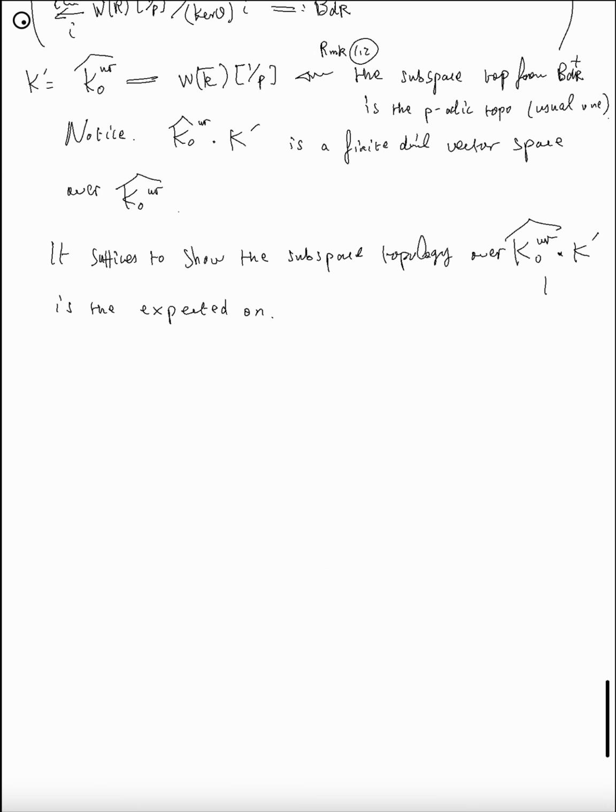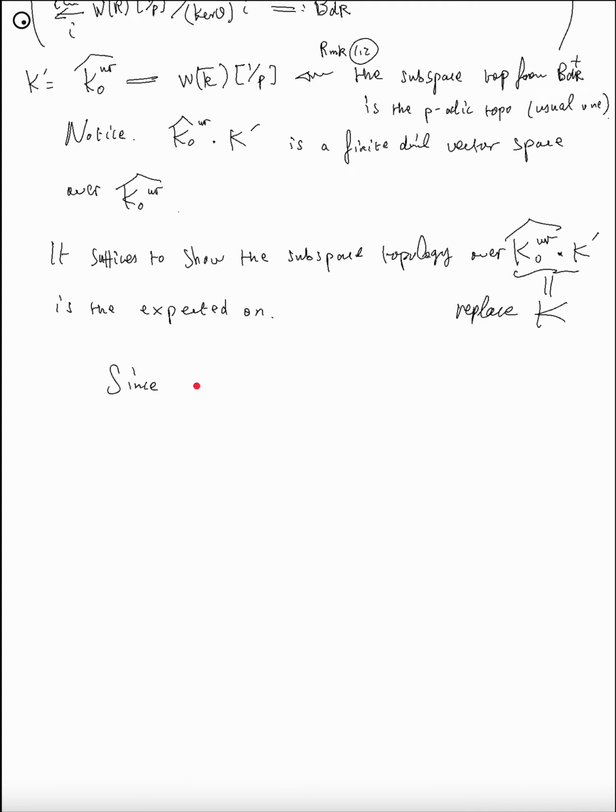But we can just call this K, and it will give you the same B_dR as the original K. So we replace K by this one.